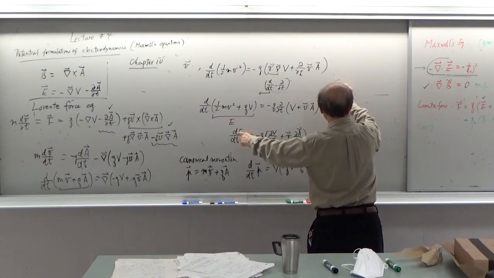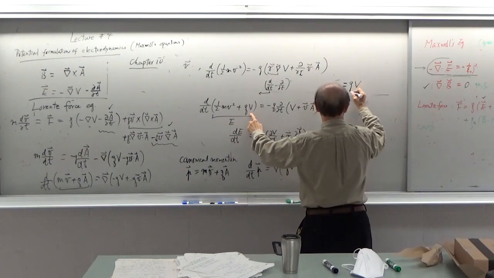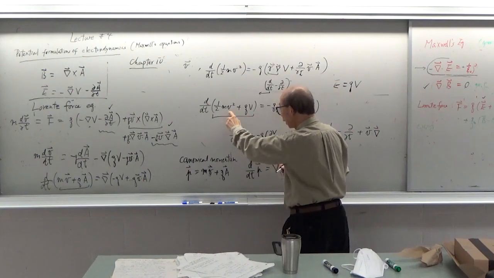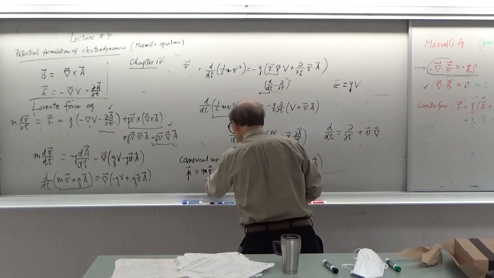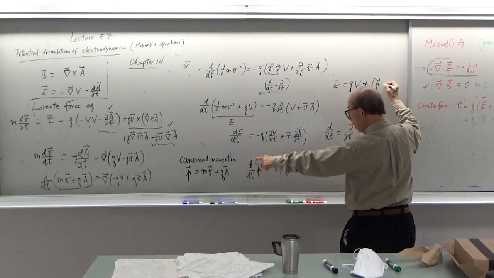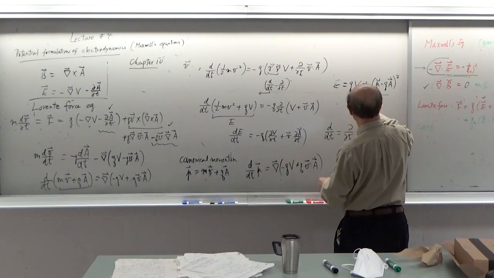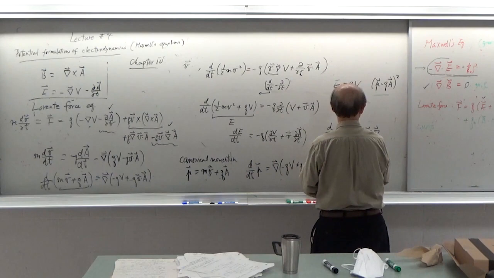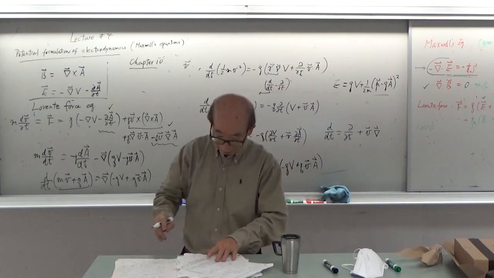And E can be written in another form: instead of qV plus this term involving velocity, I can put it in terms of the canonical momentum, so it's given by P minus qA, squared, divided by twice the mass. That's it.